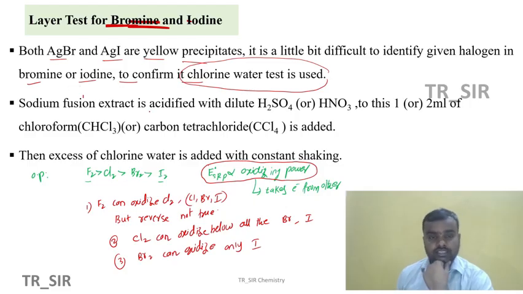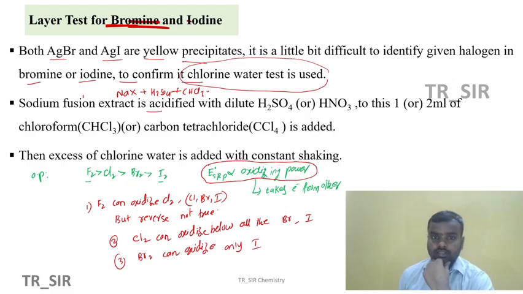The sodium fusion extract is acidified with sulfuric acid or HNO3, in the presence of carbon tetrachloride or chloroform. Then excess chlorine water is added.